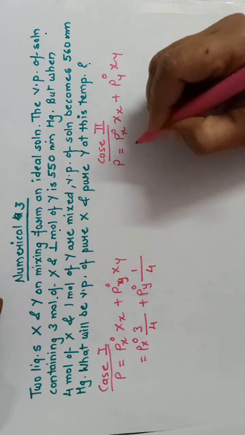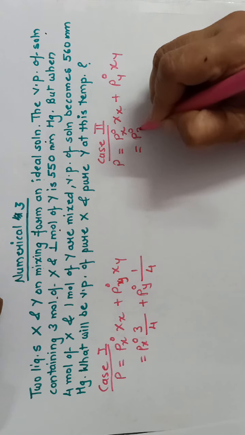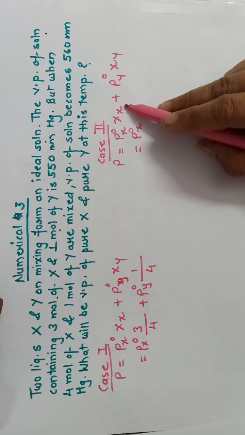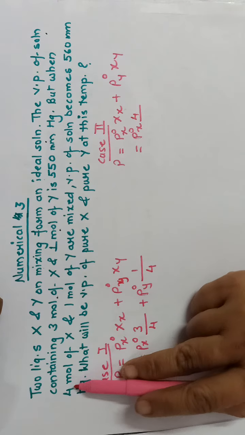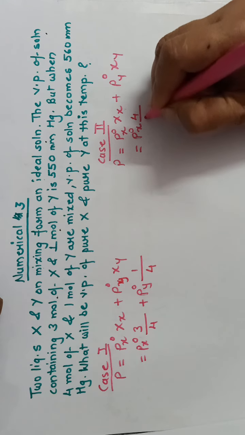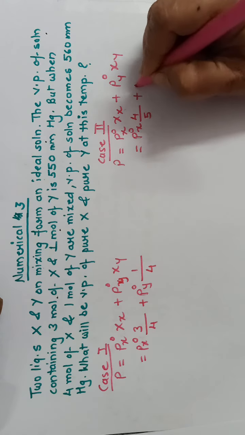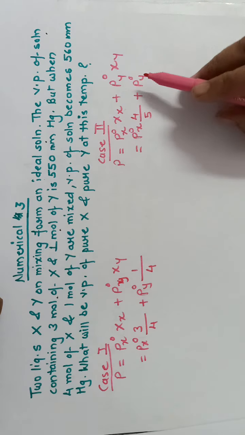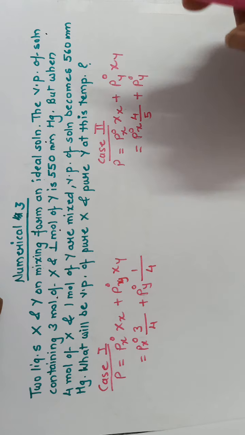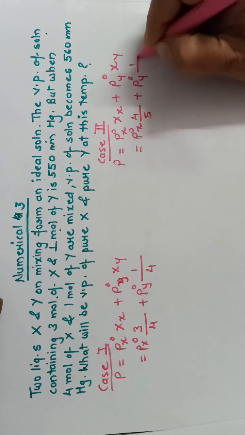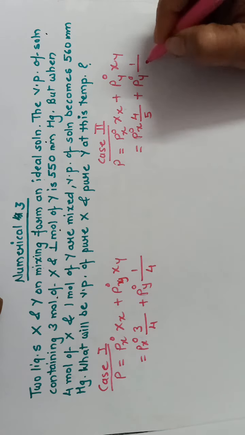In second case, again we don't have the value of pure component X. Mole fraction can be calculated: 4 moles of X upon total mole, 4 plus 1, 5. Again we don't have the value of pure vapor pressure of Y. Mole fraction of Y, 1 mole of Y upon total mole 5.